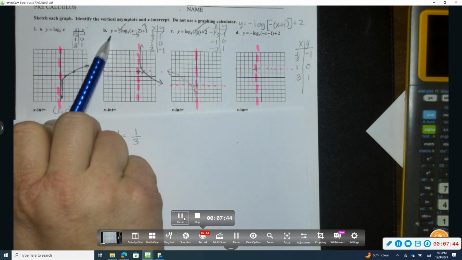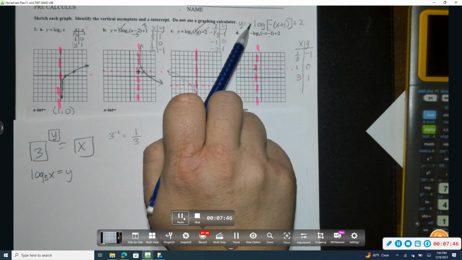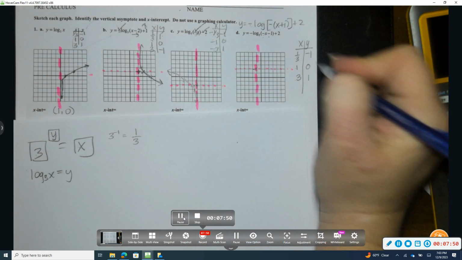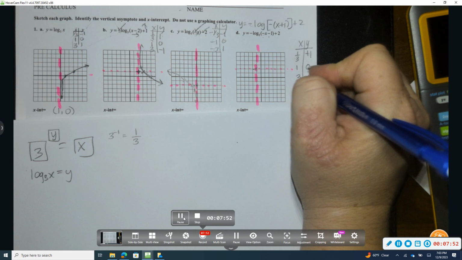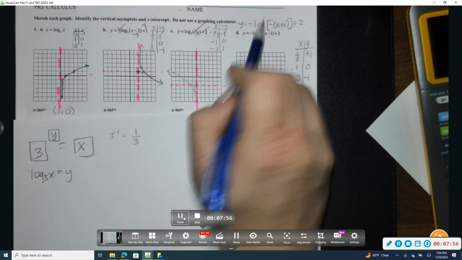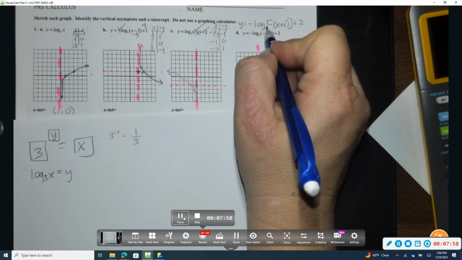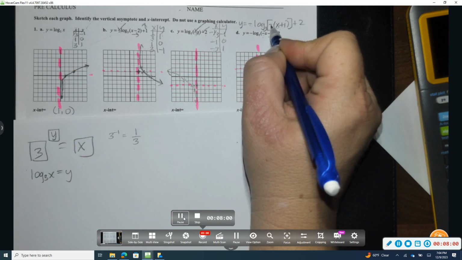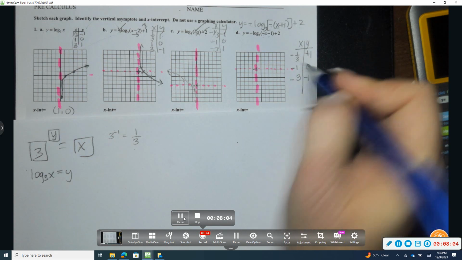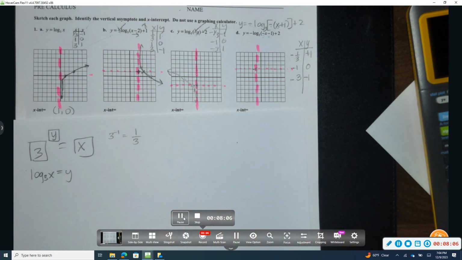As you recall from part B, when there's a negative in front, we're going to take that negative 1 times the y value. So times negative 1, times negative 1, times negative 1. Now the negative sign behind the log base 3 is going to be multiplied by the x's. Negative, negative, and negative.